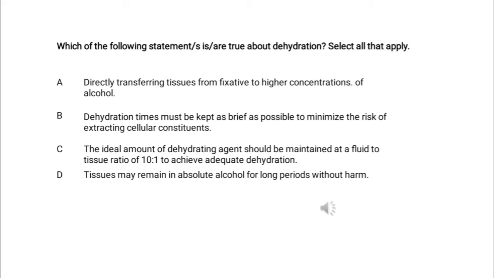And then the last statement is that tissues may remain in absolute alcohol for long periods without harm. This is false. Pure concentrations of chemical agents are too strong for tissues to stay too long immersed in it, so tissues will shrink beyond recognition. Therefore, the statements that apply are the second and the third statements.